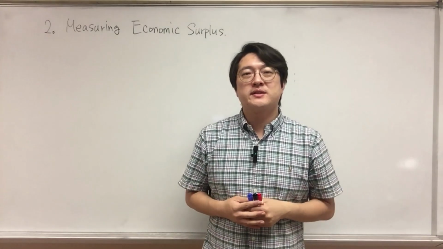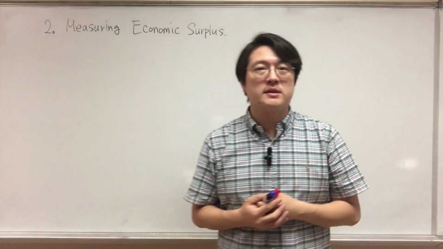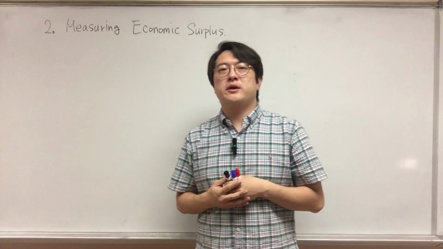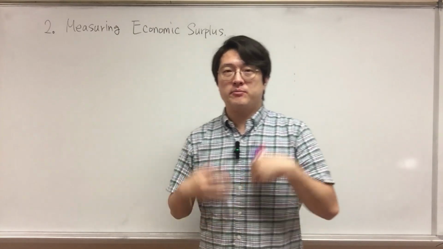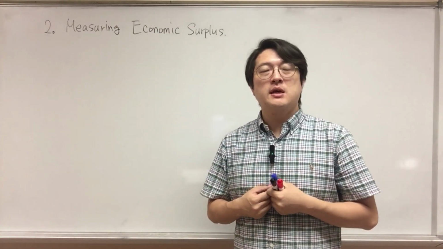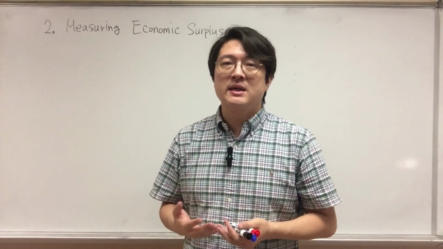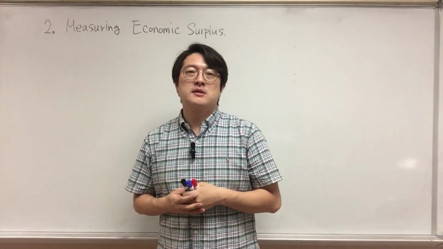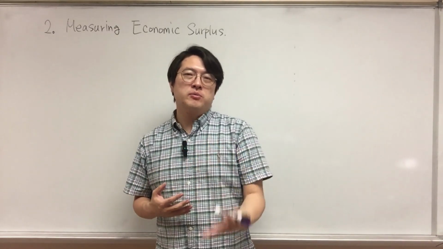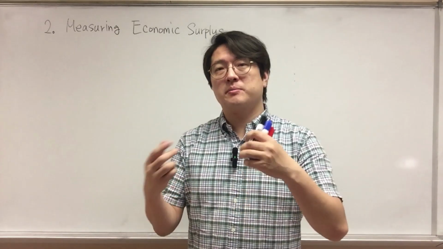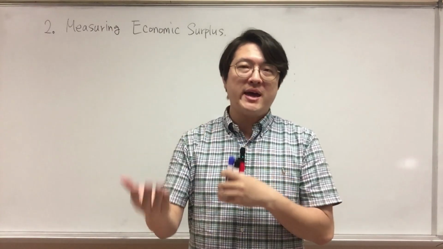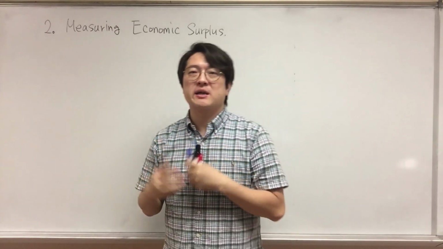Now we will study how to measure economic surplus. Here we will focus on consumer surplus and producer surplus. Consumer surplus refers to the satisfaction or profit that consumers have. In other words, consumer surplus is the remainder of the price you are willing to pay minus the market price.